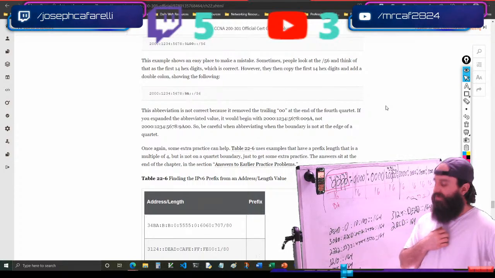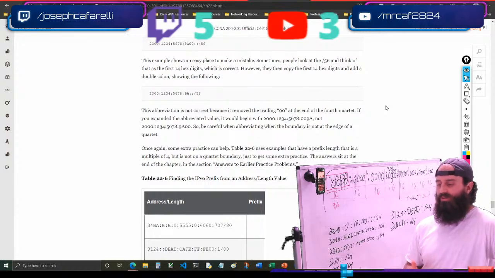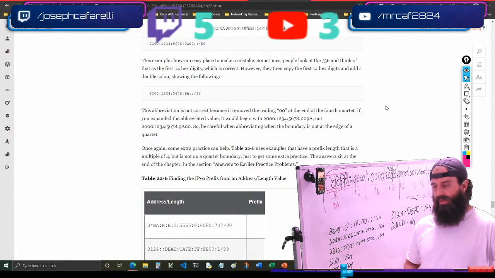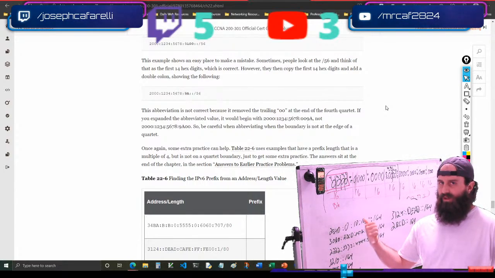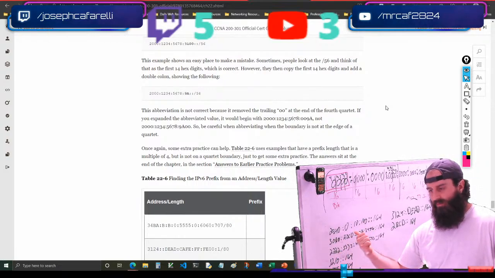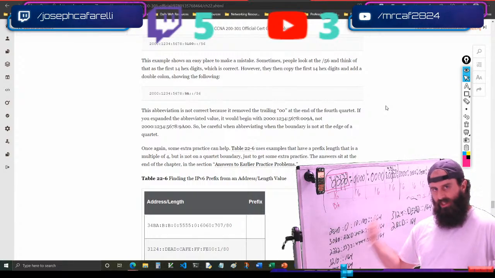So what it's saying is, because of the abbreviation with the double colons at the end, like you would with everything else we've been doing so far, because it's at the border, you still have to add those zeros to that address, so that the abbreviated representation doesn't get misrepresented by removing those trailing zeros.